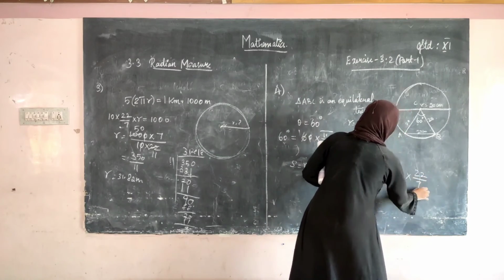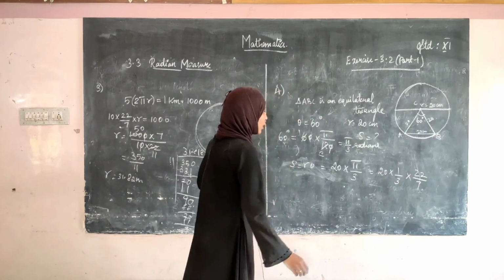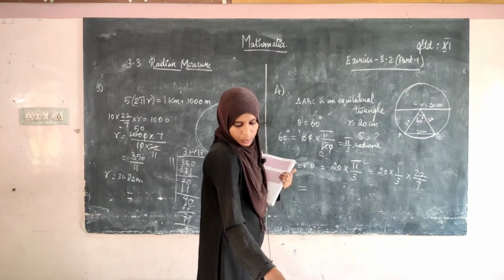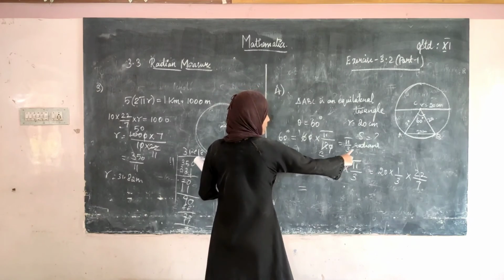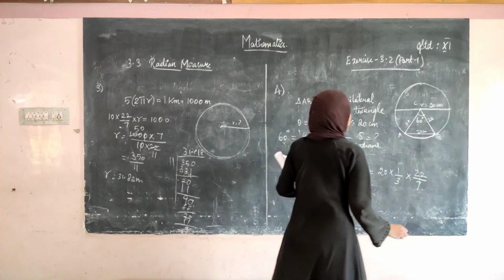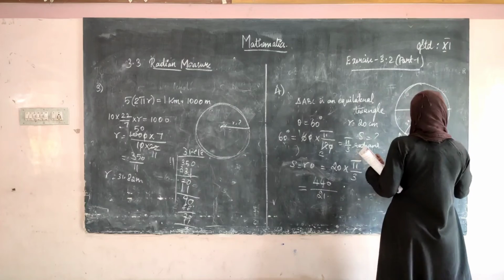Now we have to multiply this, so we get 440 divided by 21.